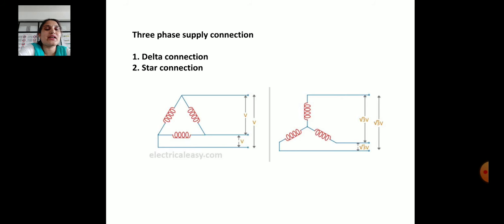This star connection can be used as three-phase, three-wire, or one more wire can be taken from the neutral point, so we can say it is a three-phase, four-wire system. While delta has no neutral point, so it is only a three-phase, three-wire system. In star connection, we can use three-phase, three-wire, or three-phase, four-wire system.